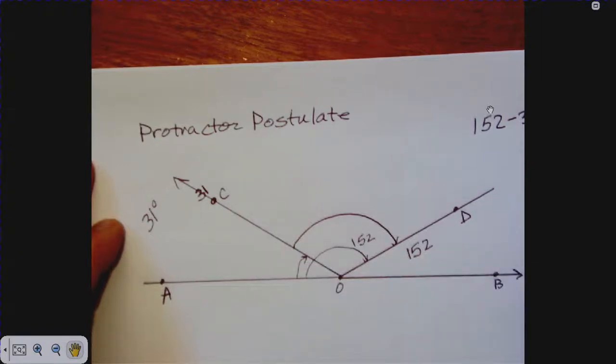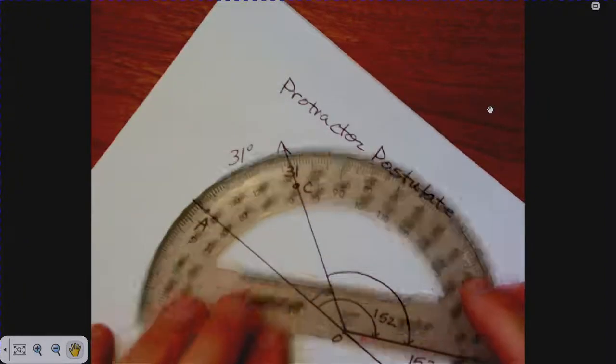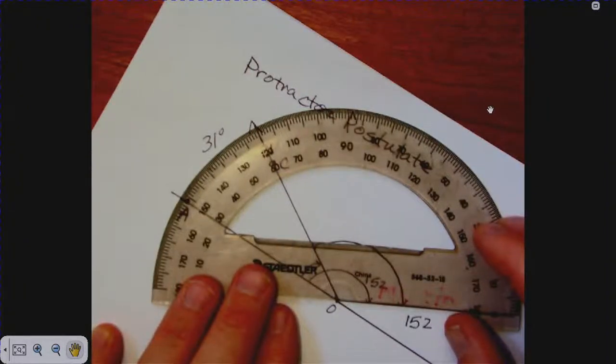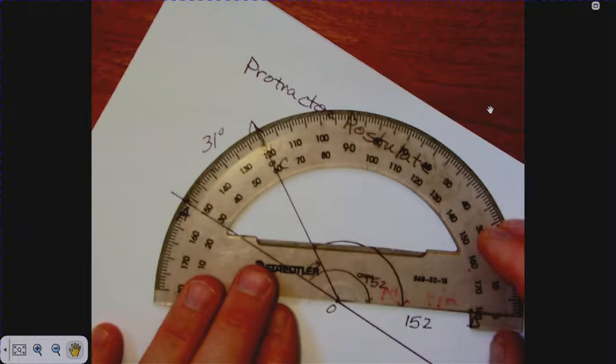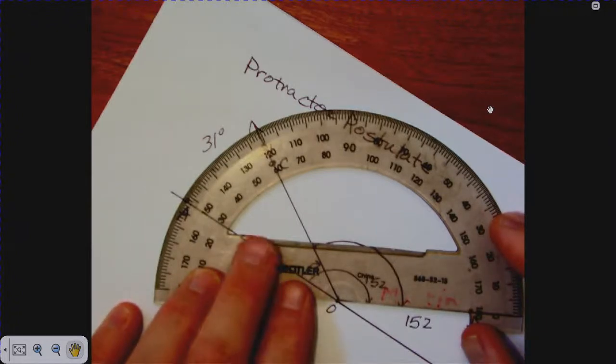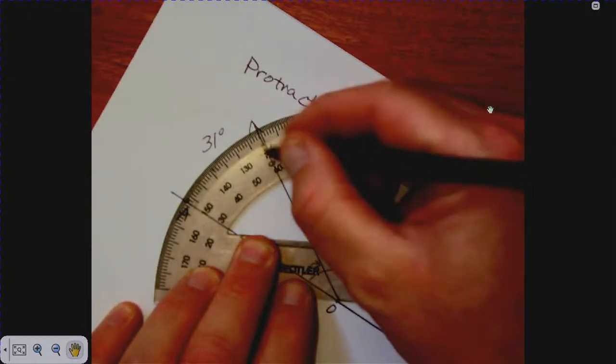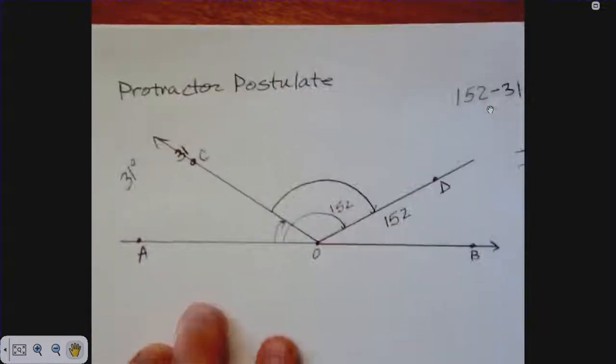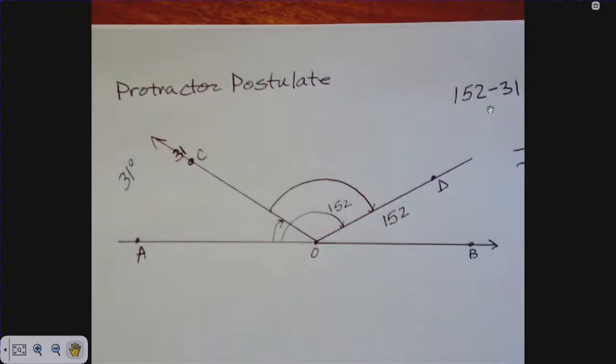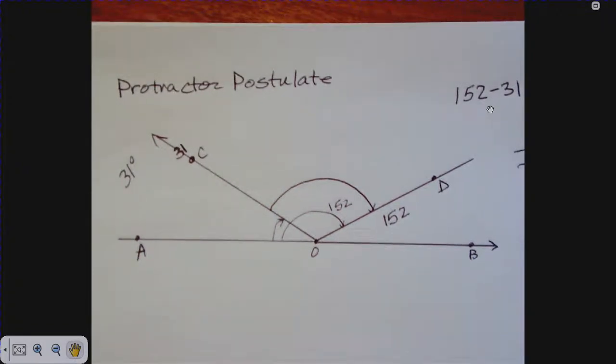So 152 minus 31, I get 121. Indeed, if I measure this, I can move it around wherever I want to. Going here to here, I get 121.